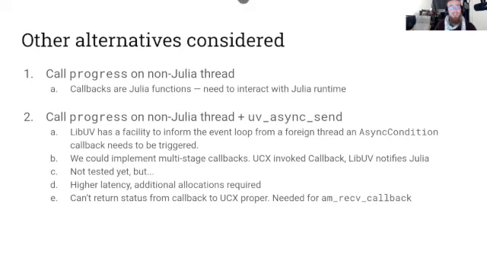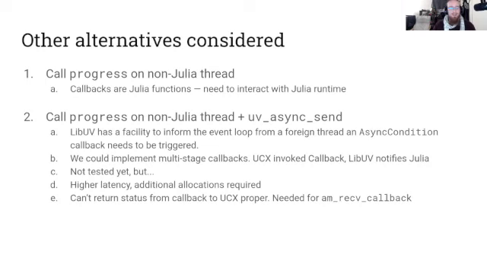So alternatively, I can make all callbacks very lightweight and basically just trigger uv_async, which is a facility that allows me to enqueue work into the libuv event loop from outside. So we could have a multi-stage callback. While UCX invokes a callback, libuv notifies Julia that there is a callback, and we will switch to the task notified.